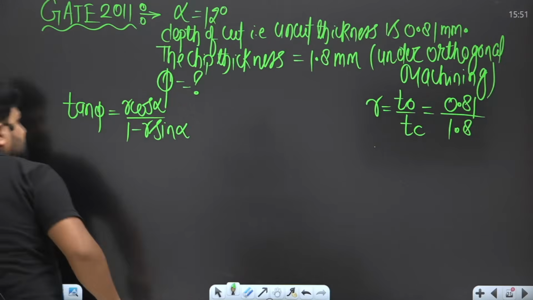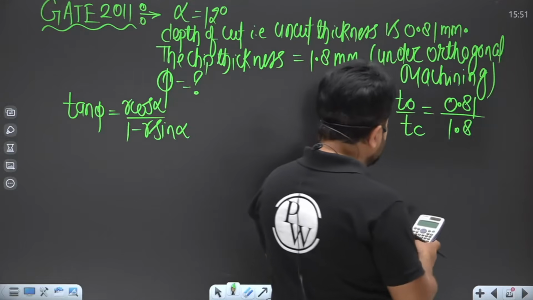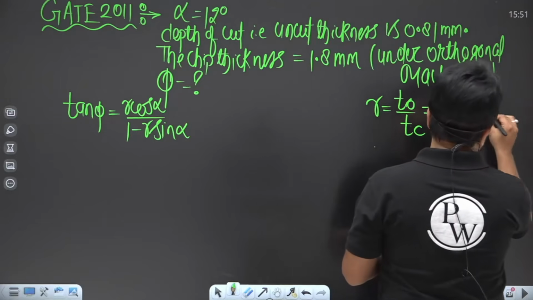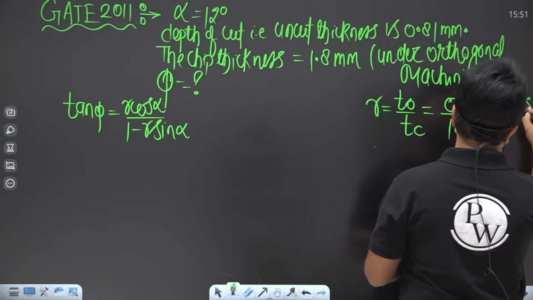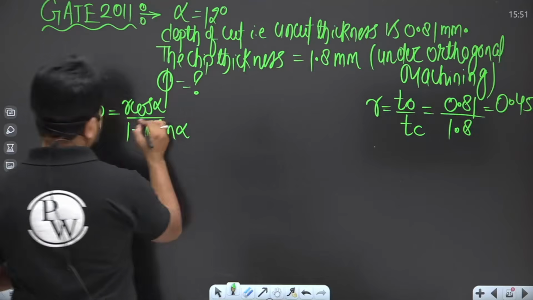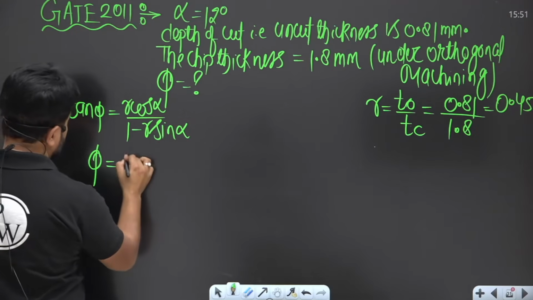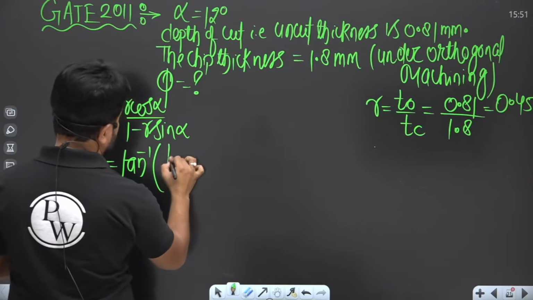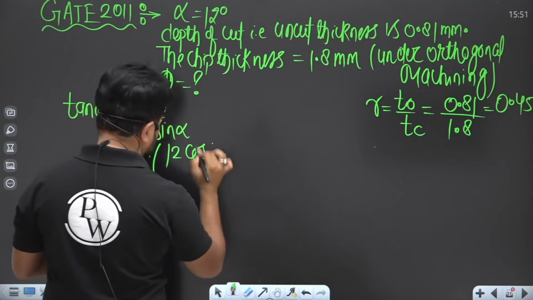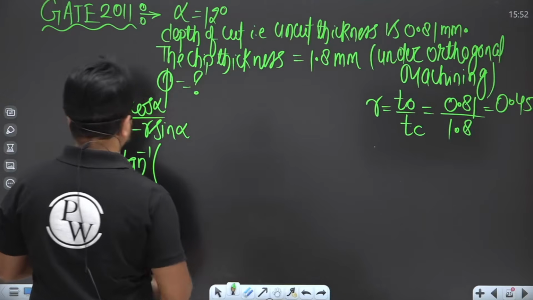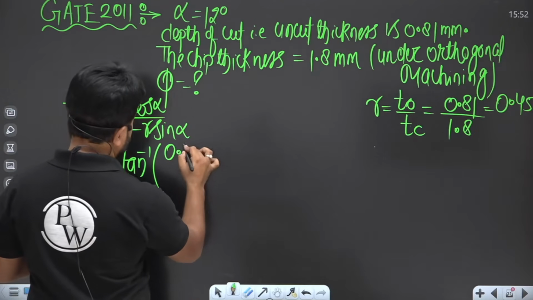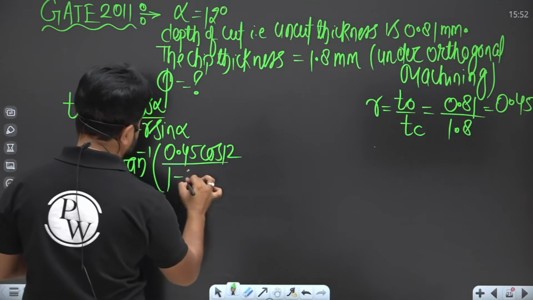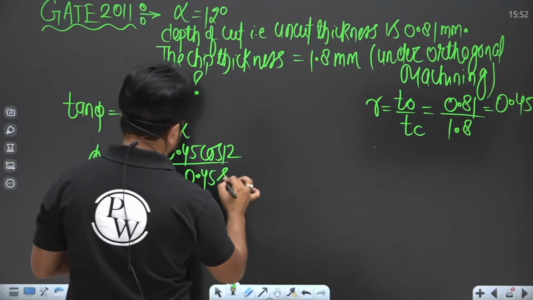So what will be the chip thickness ratio? 0.81 divided by 1.8 will become 0.45. Now phi equals tan inverse of r cos alpha divided by 1 minus r sin alpha. Alpha is 12 degree, r is 0.45, so 0.45 cos 12 divided by 1 minus 0.45 sine of 12.